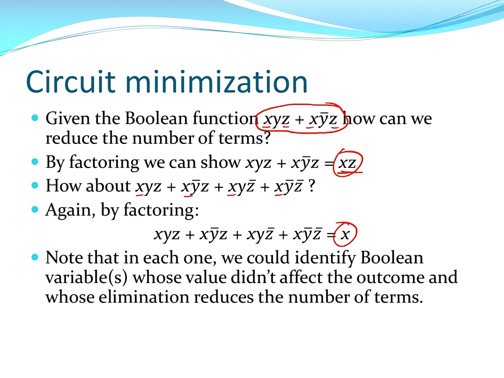And we did this because we could identify Boolean variables whose values didn't affect the outcome. Up here, y and y bar was in there, so the value of y didn't matter. Here we had every combination of y and z, so that the values of y and z didn't matter, only the value of x mattered.